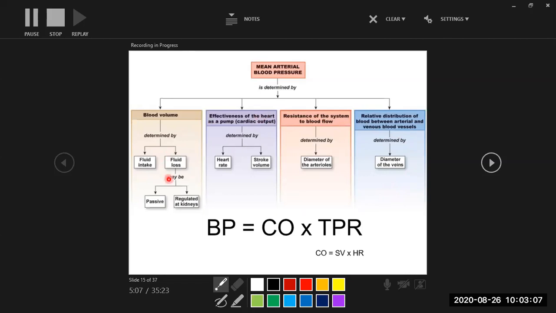So even though it may first seem complicated that the cause of blood pressure change can be complicated, breaking it down, it basically is these two factors, CO and TPR. It's about the heart and it's about the vessel.